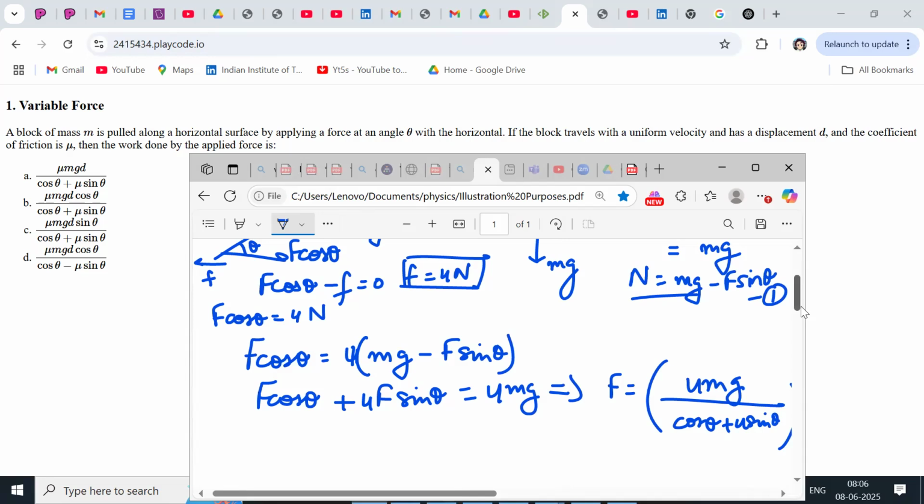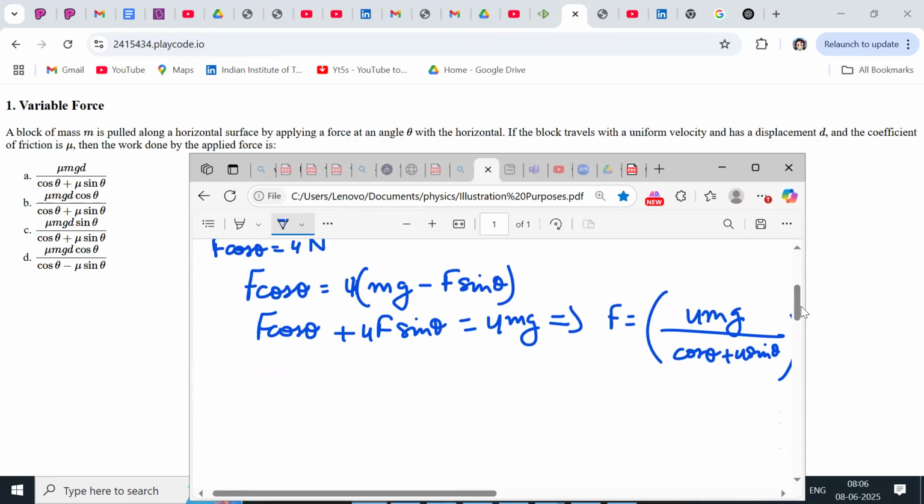Now we need to find out the work done as this force has moved the mass to a displacement of d. The work done is essentially given by F vector dot displacement vector. Now it says it has a displacement d along the horizontal, which means the displacement can be written as d i cap.